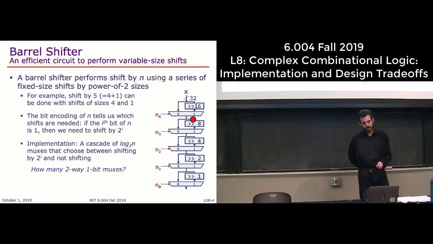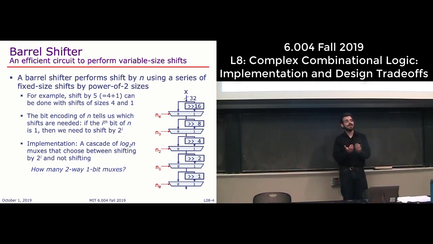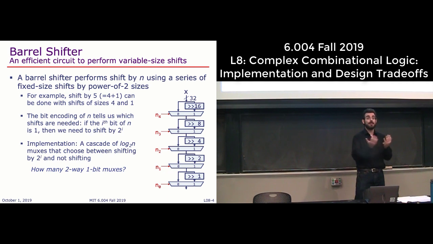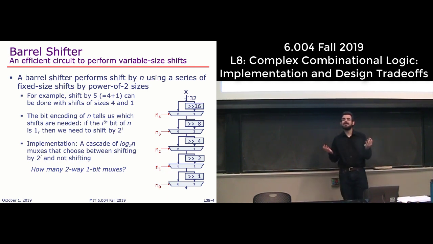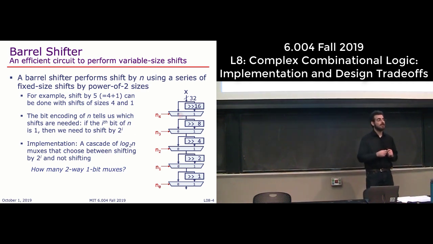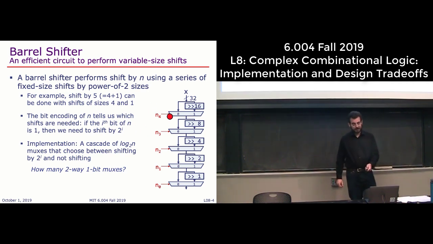This is a 32-bit, two-way mux. And remember, a multiplexer that takes 32-bit inputs is just 32 1-bit multiplexers in parallel. So each of these is 32 1-bit two-way muxes.